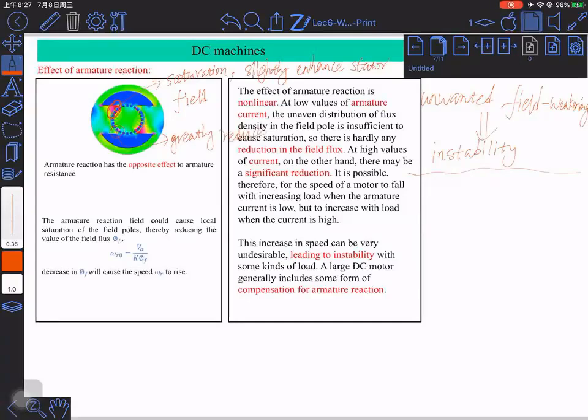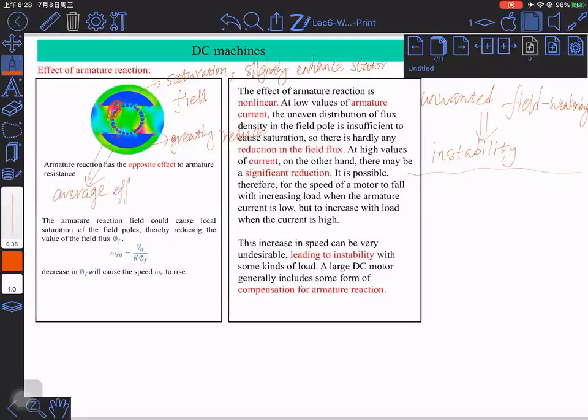So now it's quite clear, right? When the rotor tries to strengthen the stator magnetic field, it only strengthens a little bit, slightly. When the rotor reduces the magnetic field created by the stator, it reduces greatly. So the average effect is what?